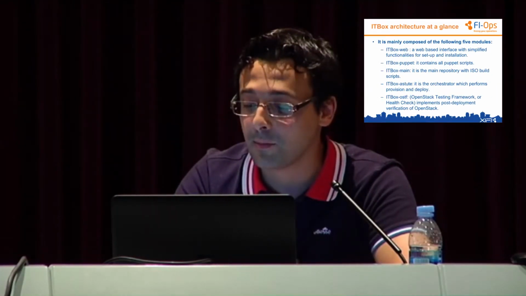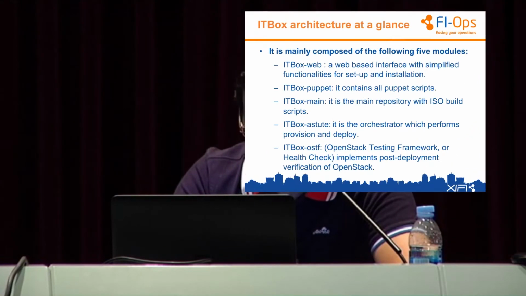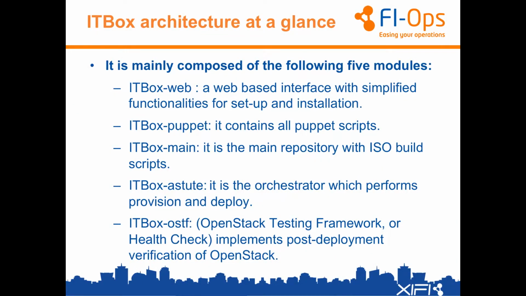ITBox main is the main repository with the ISO build scripts. ITBox Astute is the orchestrator of the ITBox, which performs provision and deploy. And ITBox OSTF, the OpenStack testing framework, or health check, that we have seen previously in the health check tab in the user interface, implements post-deployment verification of OpenStack.